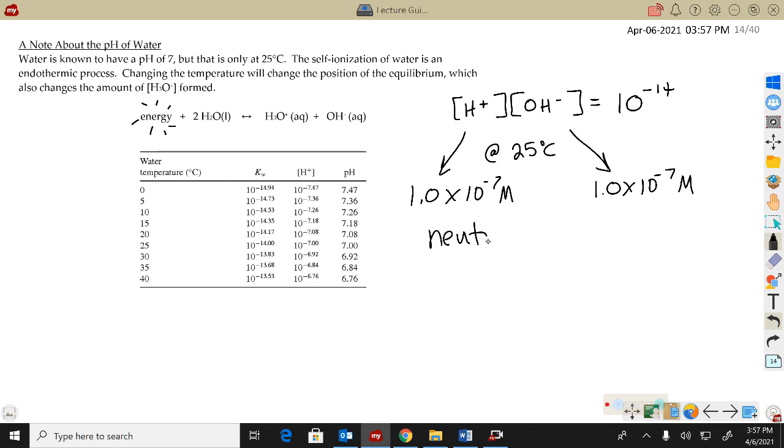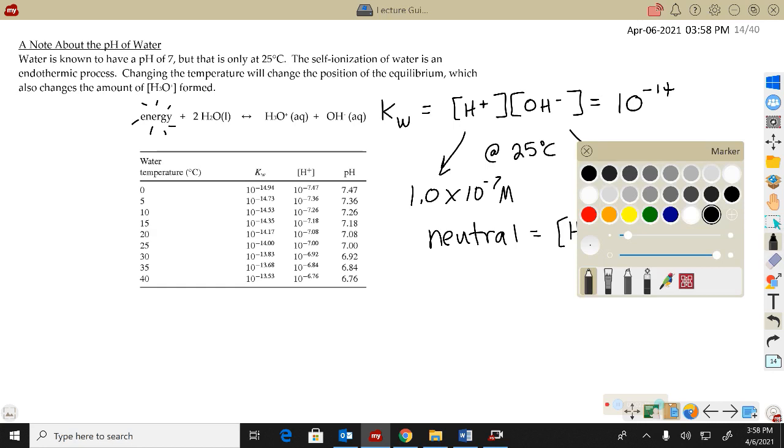Neutral means that the hydrogen concentration equals the hydroxide, which, in pure water at 25 degrees, they're both 10 to the negative 7th, and Kw is 10 to the negative 14th. It's constant. But that's only at 25 degrees Celsius.